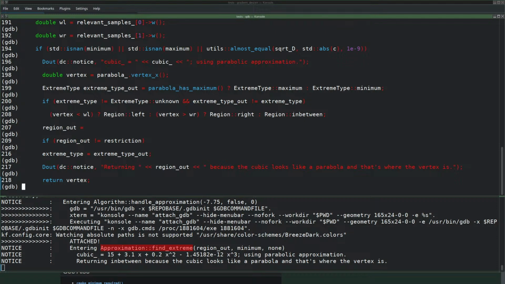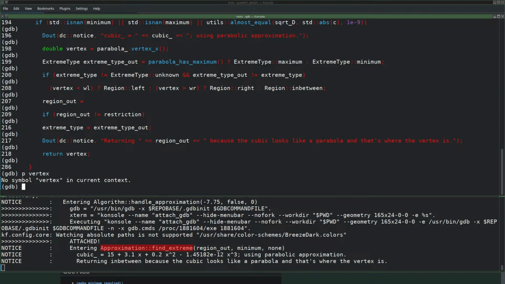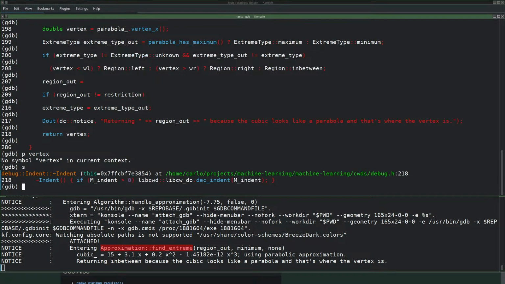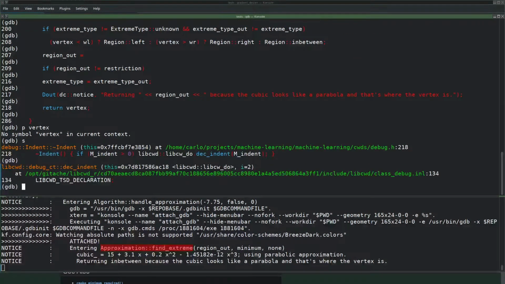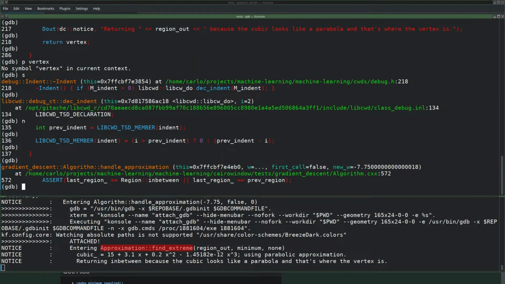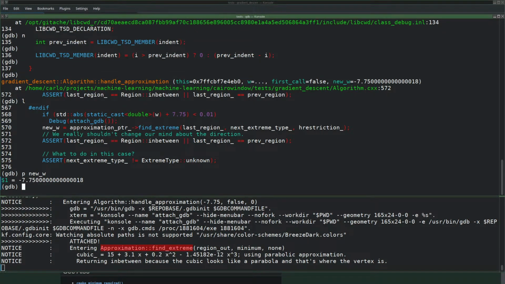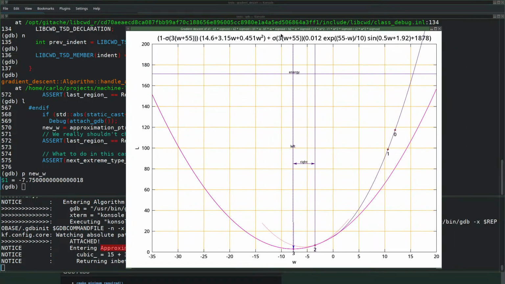Returning in between goes to, etc. This returns there. That returns the critical point, minus 7.5 here.